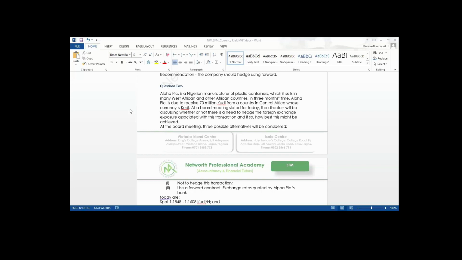All right. Alpha PSC is a Nigerian manufacturer of plastic containers, which it sells in many West African and other African countries. In 3 months' time, Alpha PSC is due to receive 70 million kudi from a country in Central Africa whose currency is kudi.